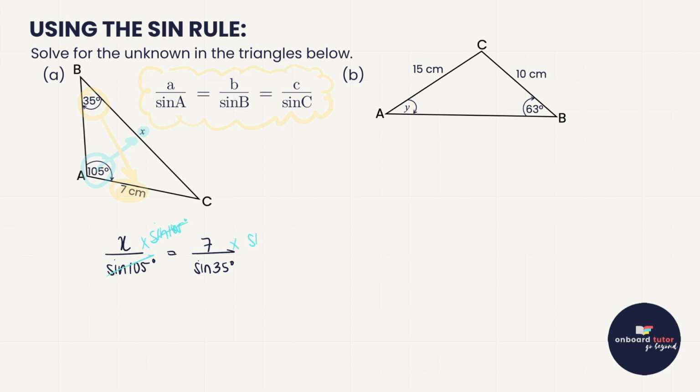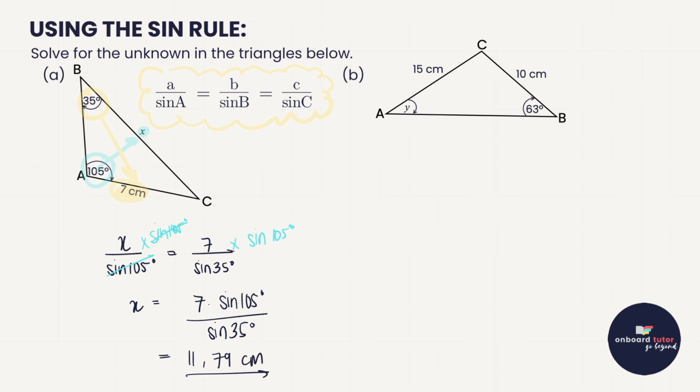What I do to one side, I do to the other side. I multiply both sides by sine of 105. So x is equal to 7 times sine 105 over sine 35. We just pop that into the calculator, and that gives you 11,79 centimeters.